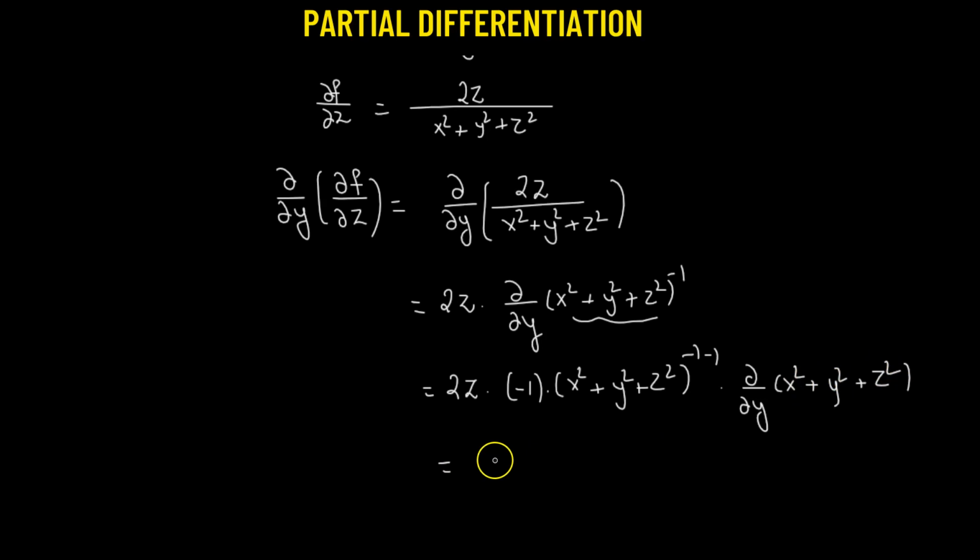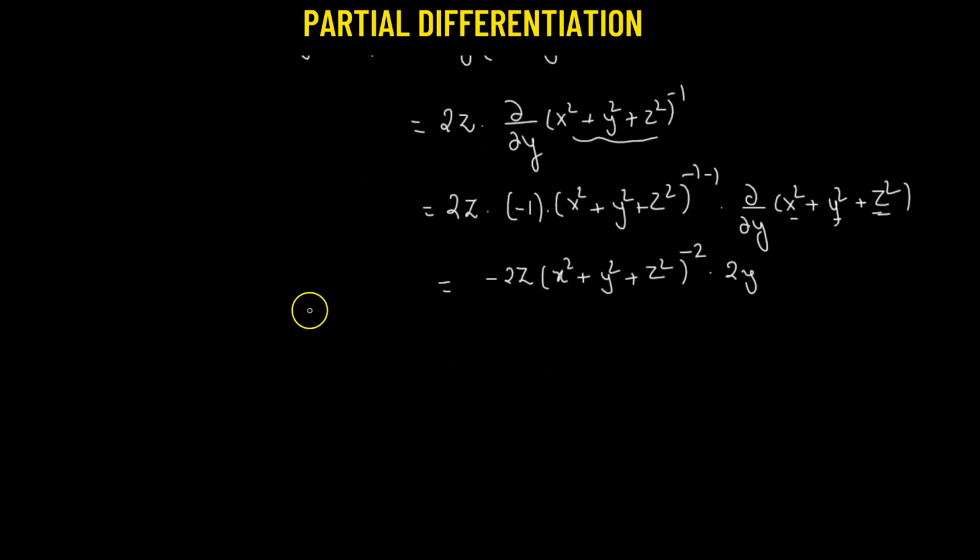So that's now going to give us -2z multiplied by x squared plus y squared plus z squared raised to the power of -2, multiplied by the partial of x squared, y squared and z squared. Now the partial of x squared will be 0 and the partial of z squared will also be 0. We'll only have to take the partial of y squared with respect to y, which will be 2y.